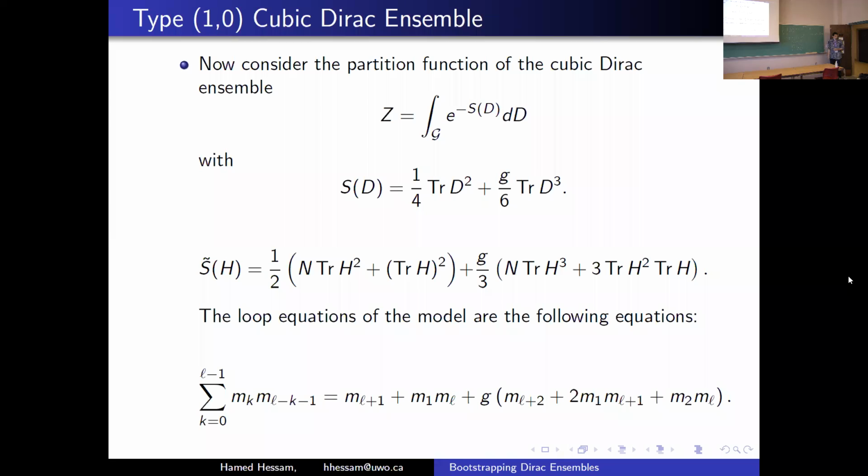The recursion is such that once you know m1, the higher moments are fixed. There is a G, but here we solve for m1, because it's an odd potential.